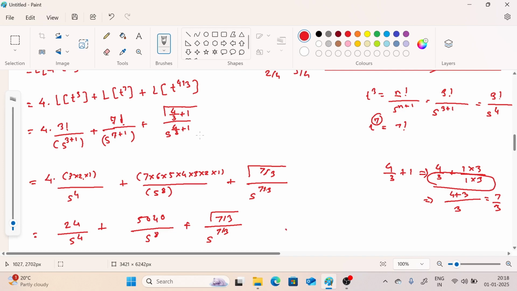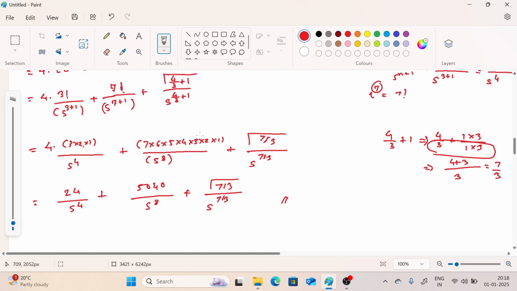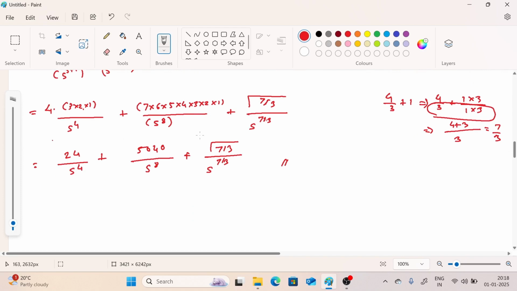So that's it. This is the answer for the Laplace of 4t cube plus t raised to 7 plus t raised to 4 by 3.